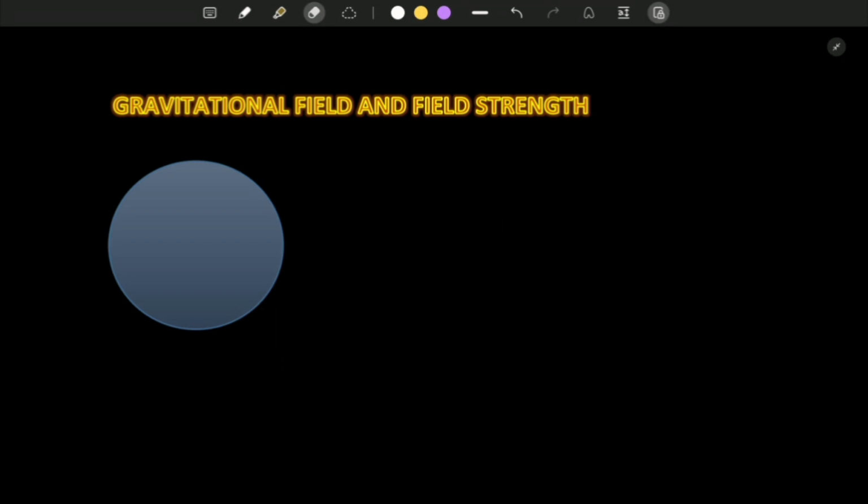So let us learn about gravitational field and field strength. The space around a mass in which any other test mass experiences a gravitational force is called gravitational field.